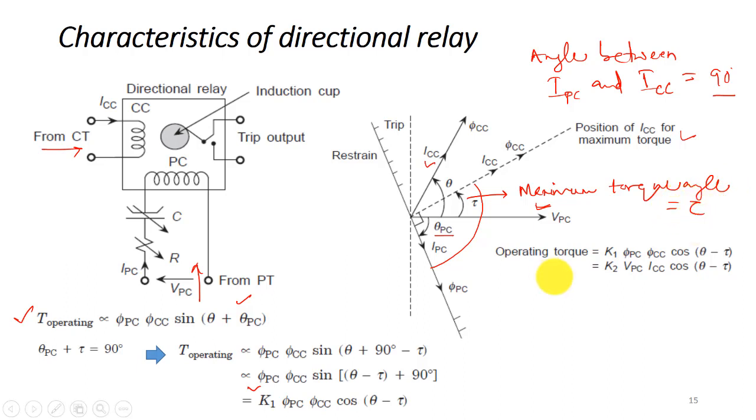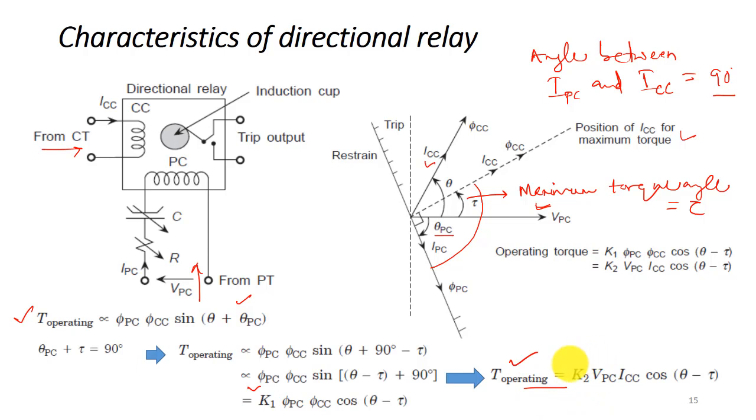Now I can write T operating equal to K2 VPC ICC cos of theta minus tau, writing VPC in terms of phi PC. So this is your T operating.